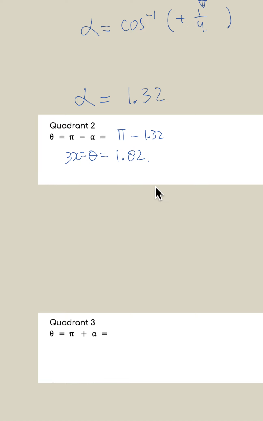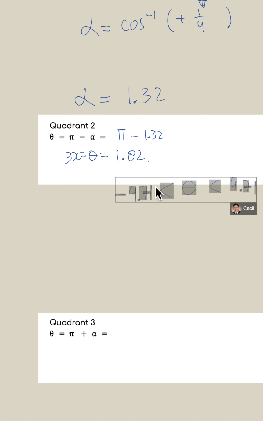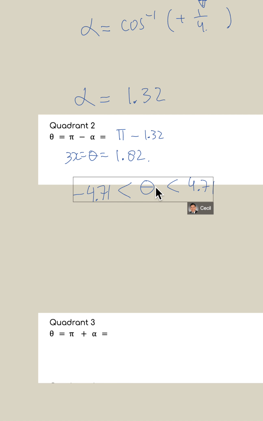Do we have to check? Yes, we must check the range of values here. Is that within the range? Yes, it is.